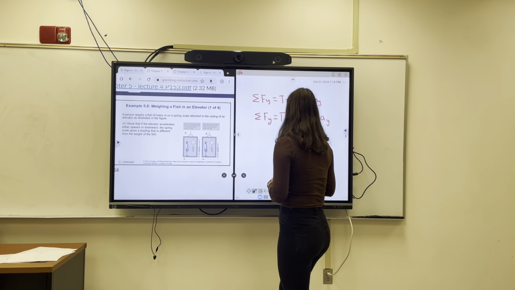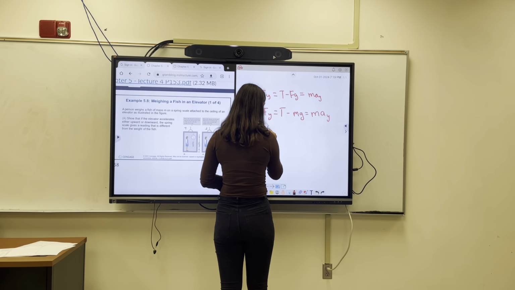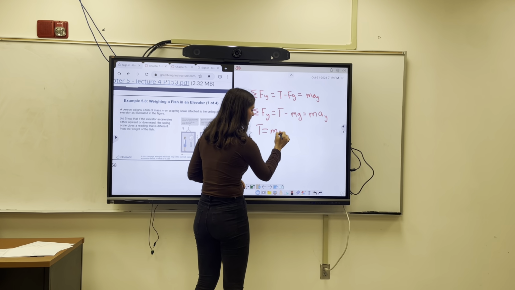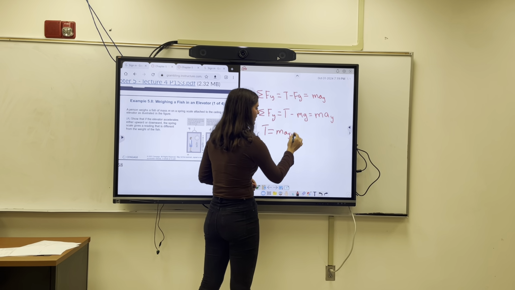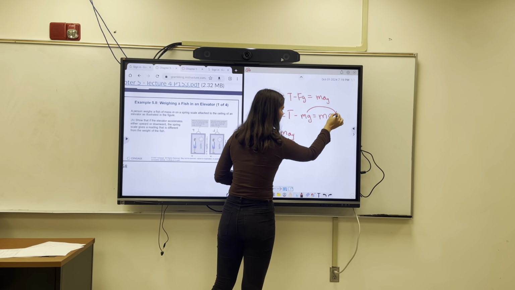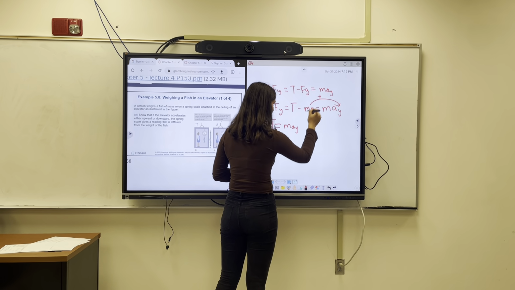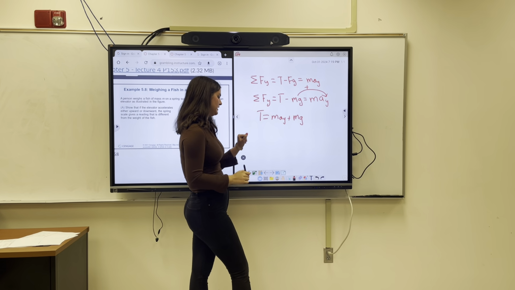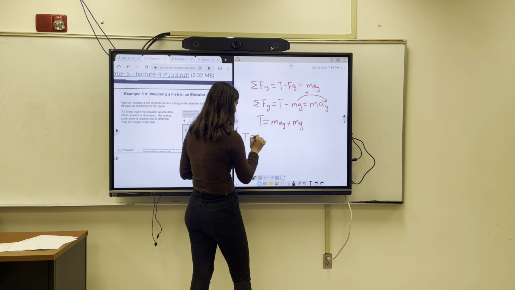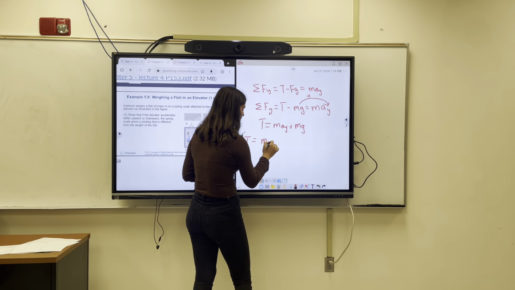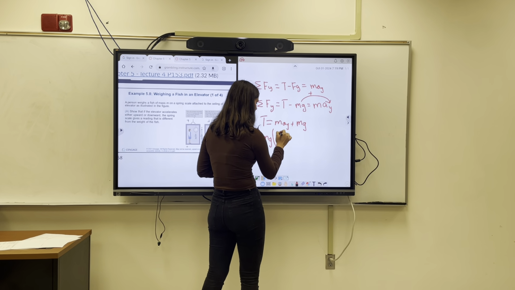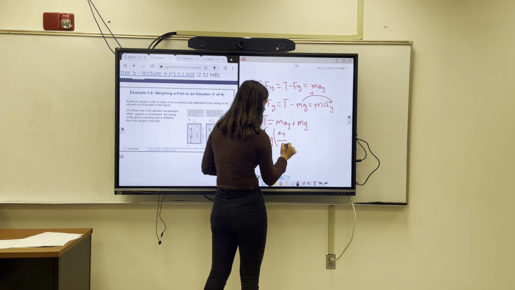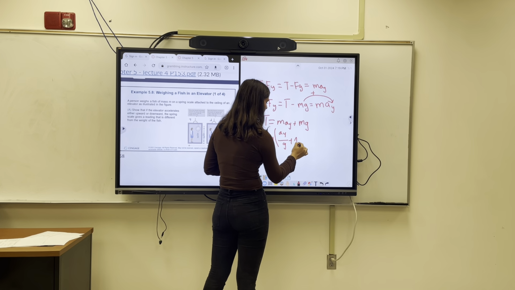From here, tension equals what? We leave the may, and the mg goes to the other side as plus. So tension equals mg outside, times ay over g plus 1.